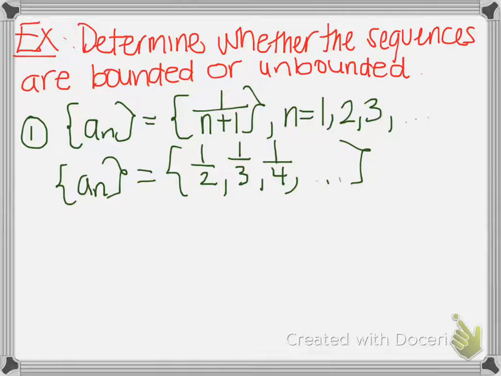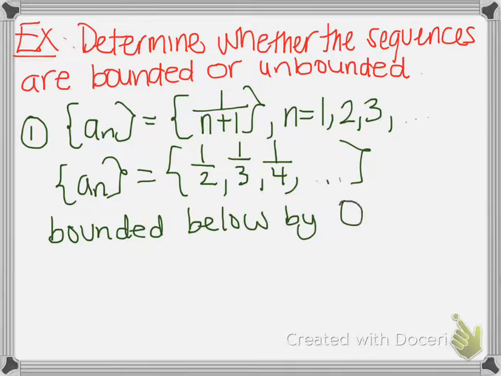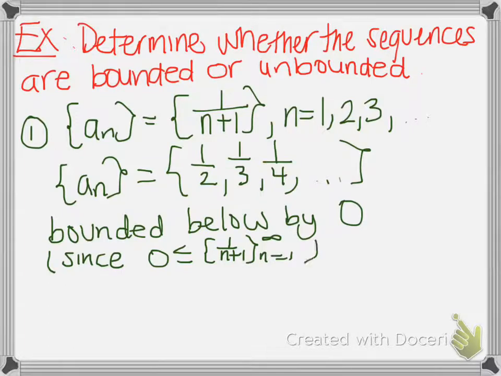So we can see that we are bounded below by 0, since 0 is less than or equal to any value in our sequence, because n goes from 1 to infinity. All our values are larger than 0.